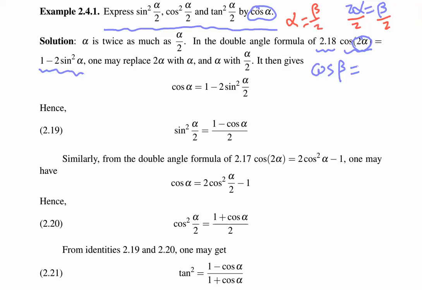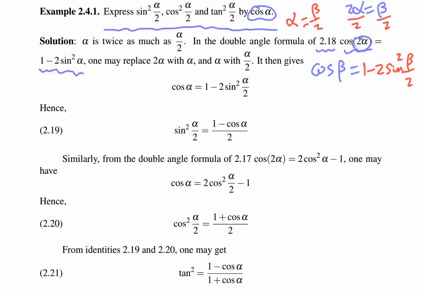So then here, 1 minus 2 sine alpha squared, but alpha is beta over 2. So you will have 1 minus 2 times sine beta over 2 squared.